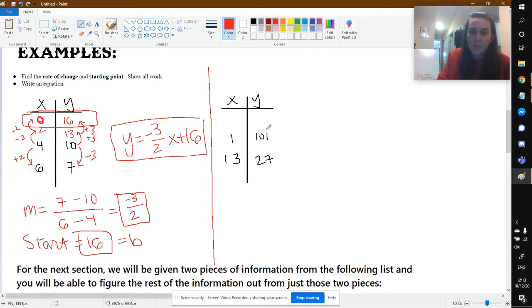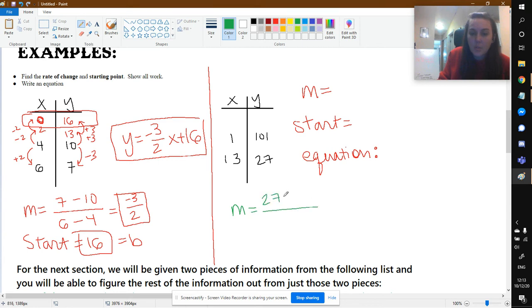All right, let's do that again with some weirder numbers. We want the slope, we want the start, we want the equation. I'm going to use my new slope equation to find the slope.